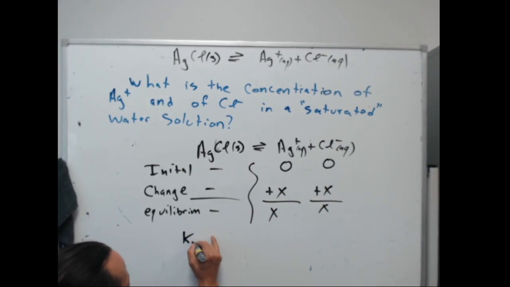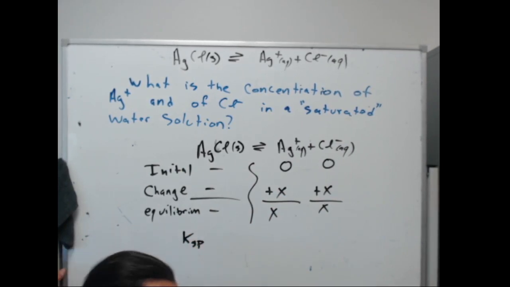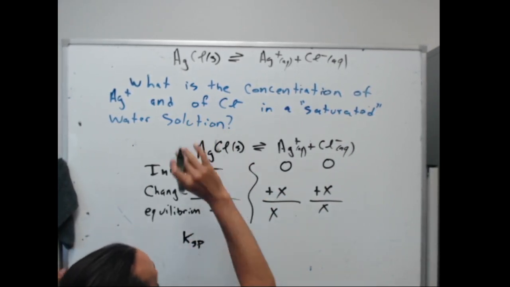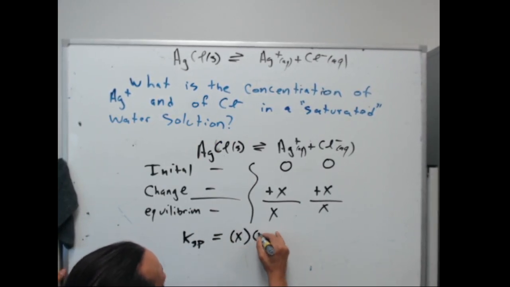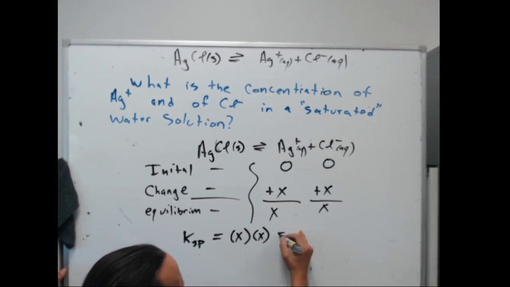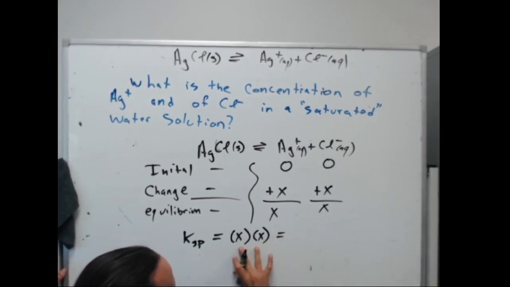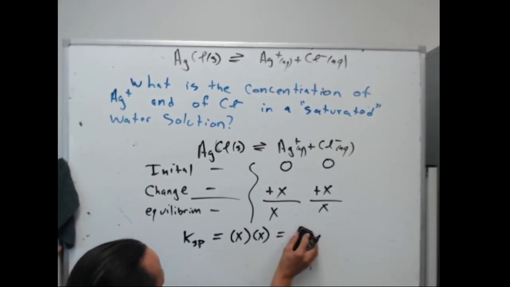I'm going to have a KSP, right? And I could put this as KEQ, but we've talked about this, so we'll do it as KSP, is equal to x times x. Let me write this a little different.